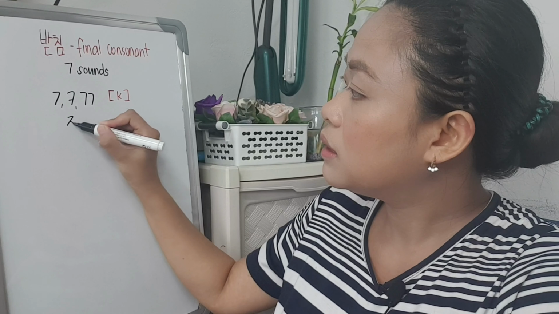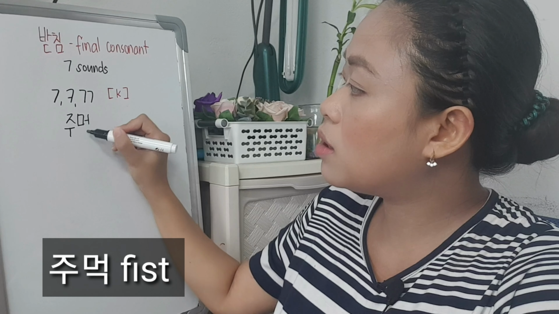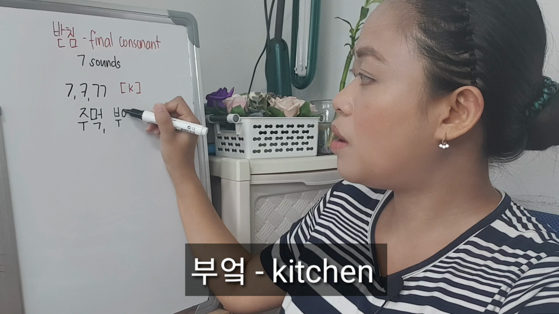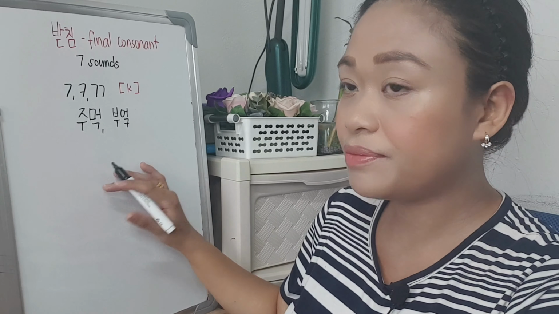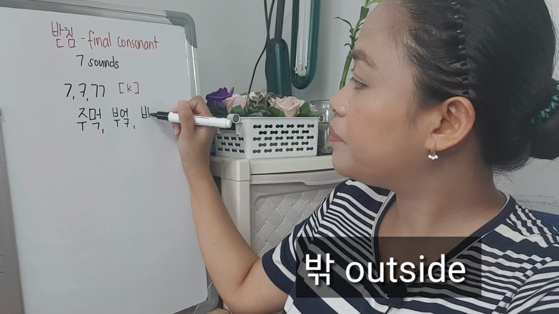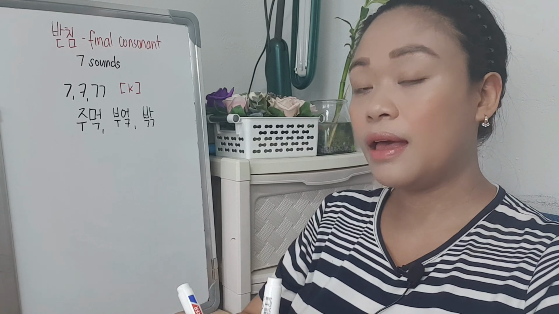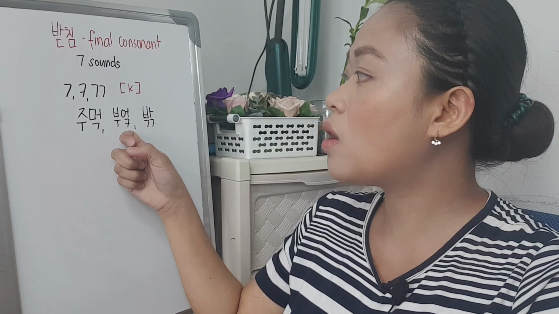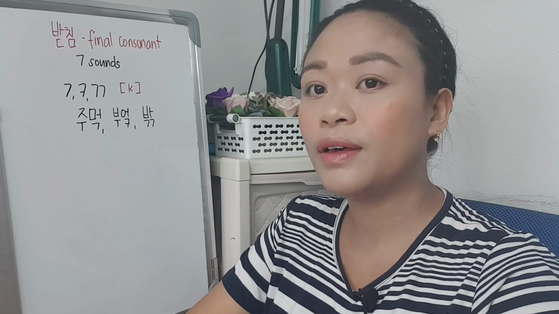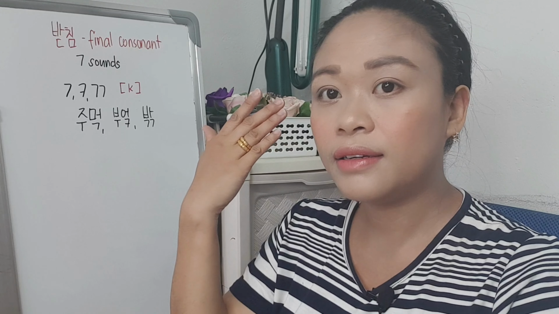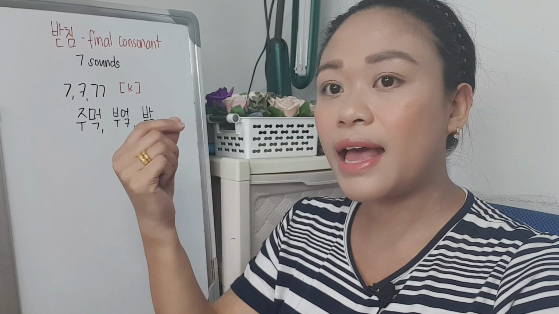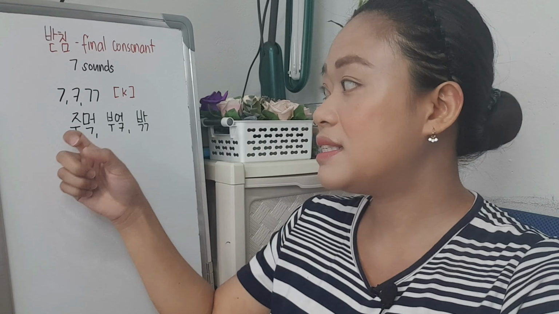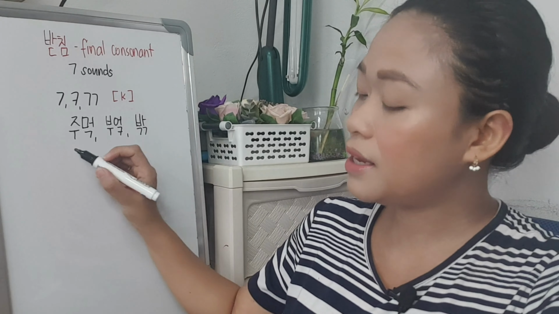Examples of that: chumok, fist; puwak, your kitchen; and then pakat, outside. So we have chumok, puwak, and pakat. As you can hear, it sounds like K at the lower part, when it is used at the bottom.